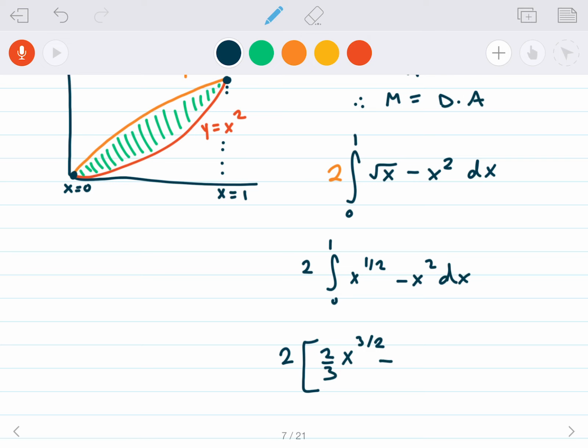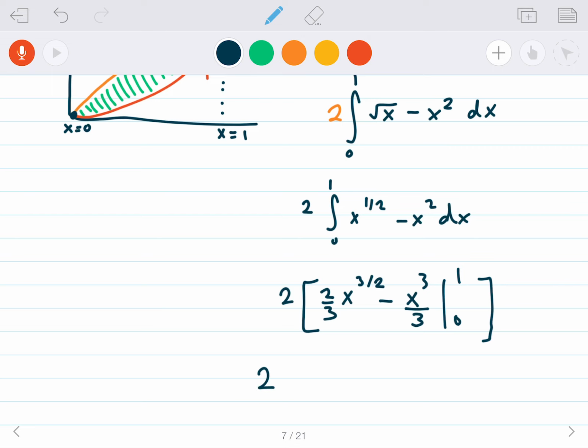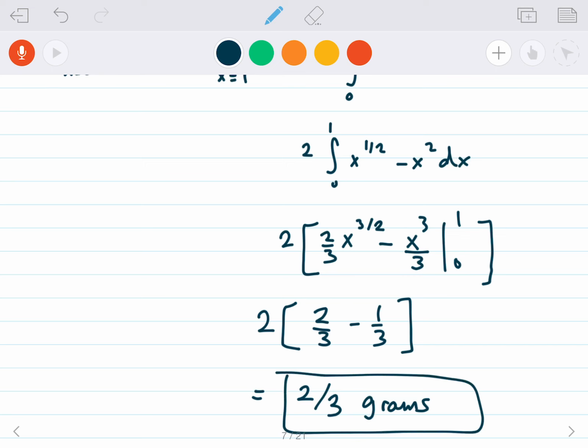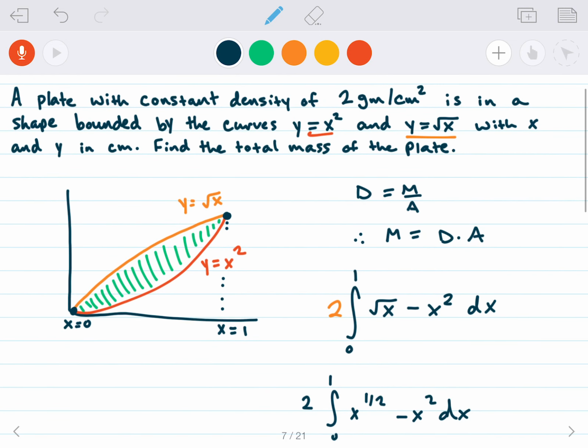And then we have minus x to the 3 over 3, going from 0 to 1. If I plug in 1, I just get 2/3 minus 1/3, and then minus 0, that all clears out. I can simplify this to a final answer of 2/3 grams. This is the mass of this plate that's bounded by square root of x and x squared.